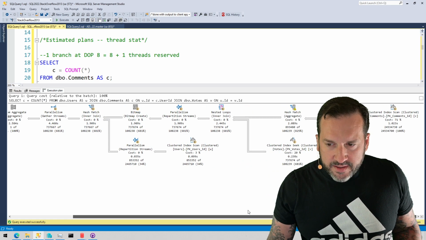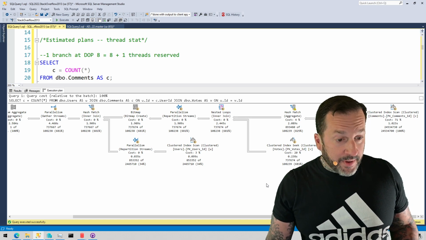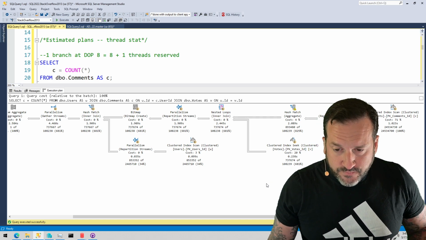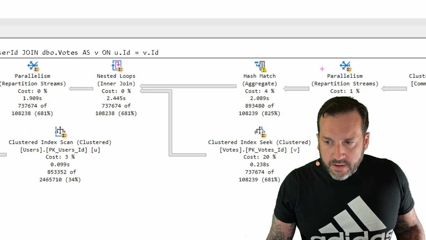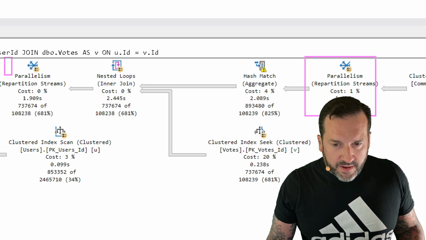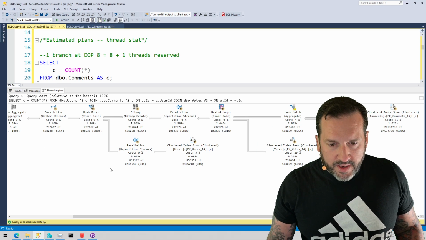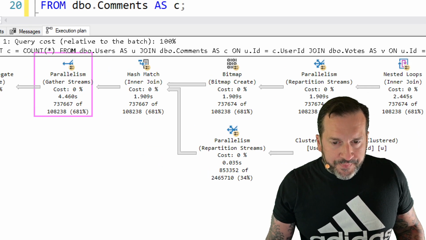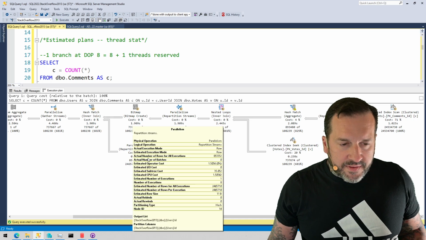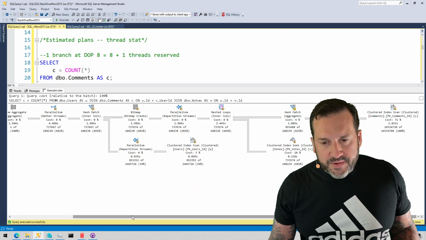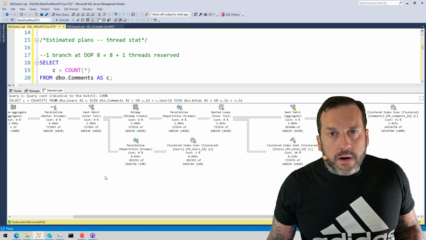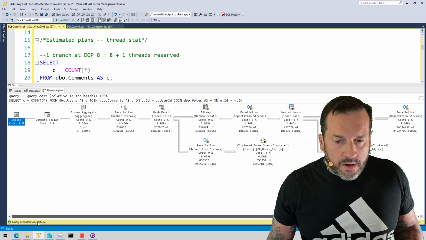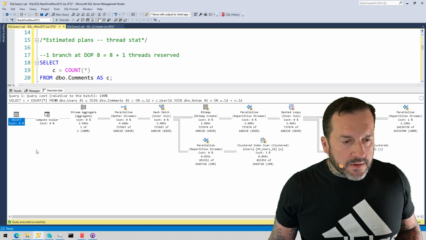This one has some additional branches and has some additional parallel exchanges. Right? We have a parallel exchange here, here, and here, and typically we want to think about those exchanges as being stopping points to a particular branch of the query.